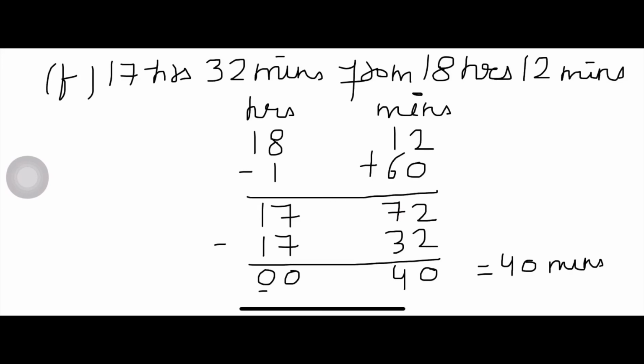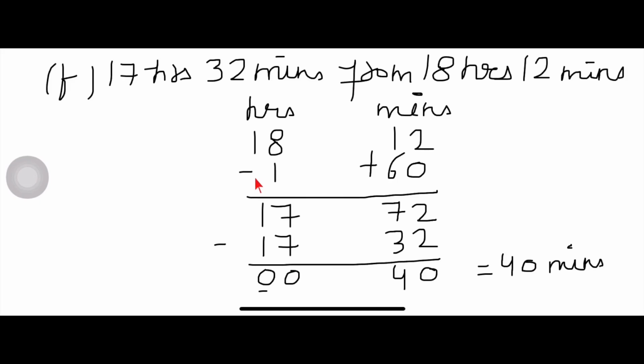So in these type of question, we will do like this. Whenever the minutes which we have to subtract, like here we have to subtract 32 from 12, but 12 is smaller, then we will add 60 to it and deduct 1.